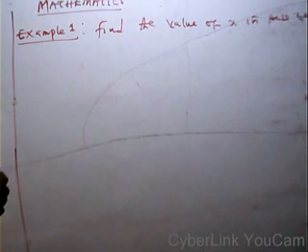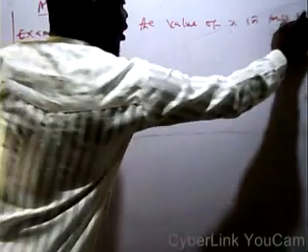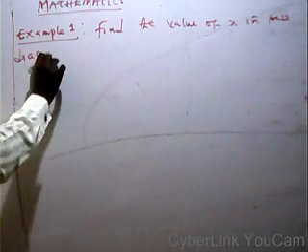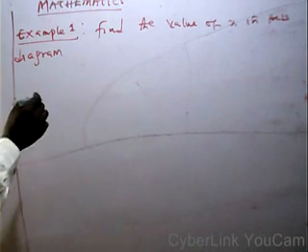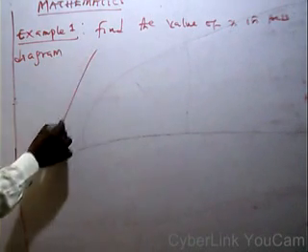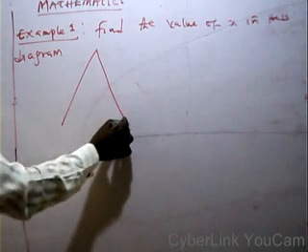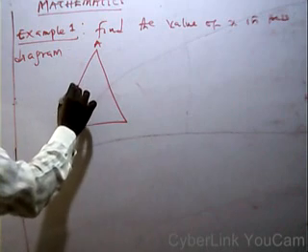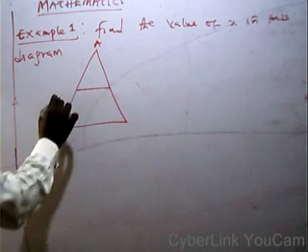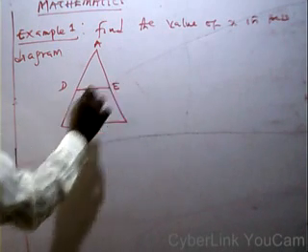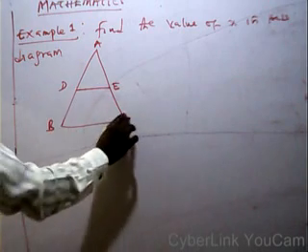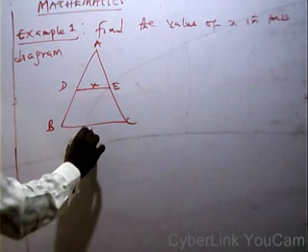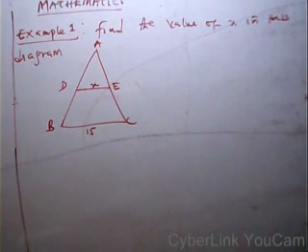So you have A, D, E, and you have BC here. This one is X, this one is 15. So you have to find the value of your X here.